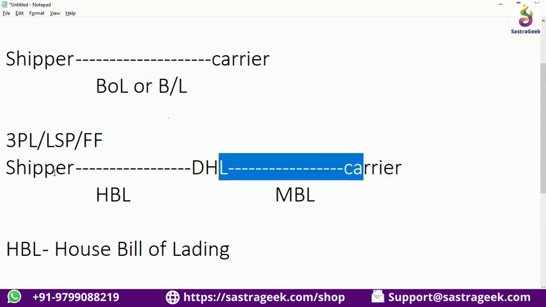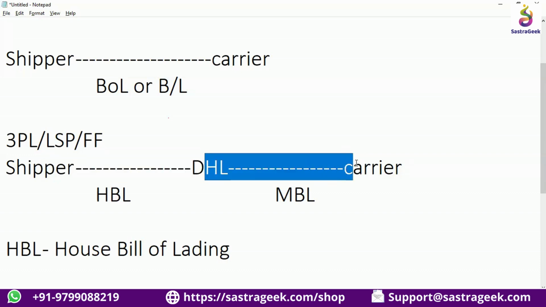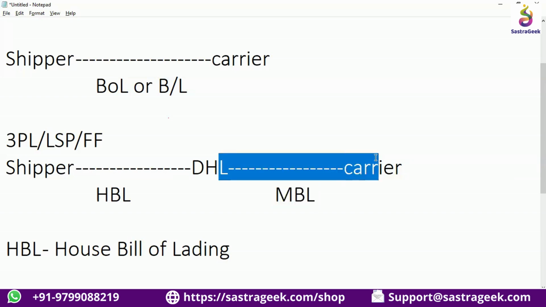So just like you track the goods on the DHL website from your HBL number, the DHL guy also gets into the carrier website to track their goods with the help of your MBL reference number only. Or whatever the mechanism that they have established to connect with the carrier to track the goods.